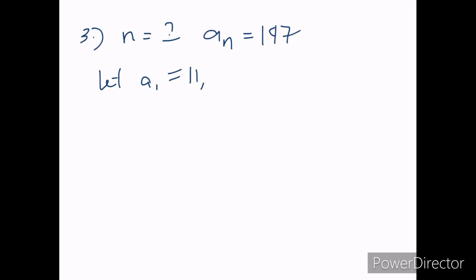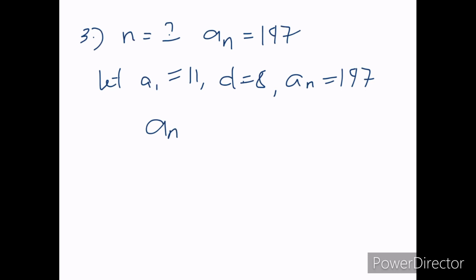Last example. Find n when our a sub n is equal to 147. Let a sub 1 be equal to 11, our d is equal to 8, and our a sub n is equal to 147.